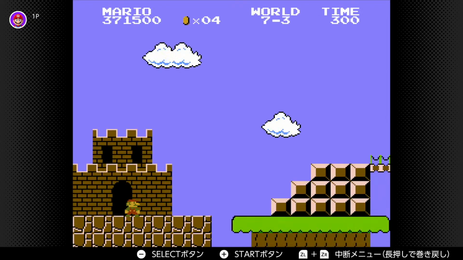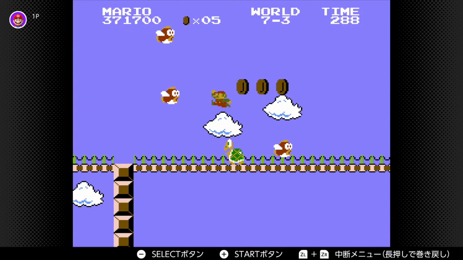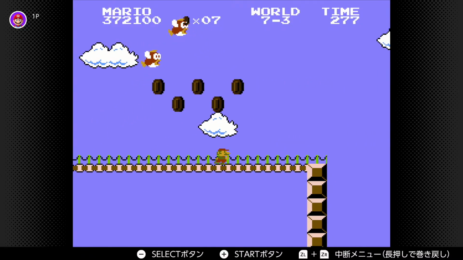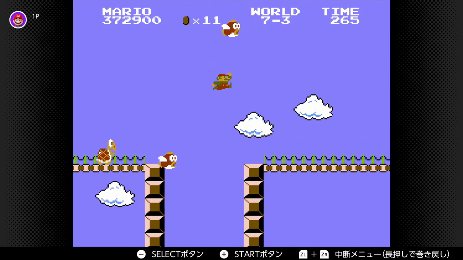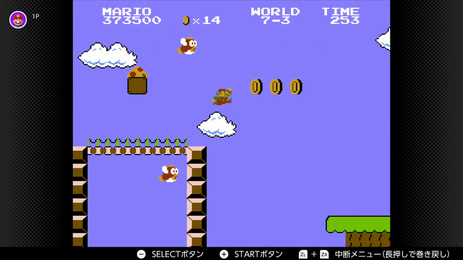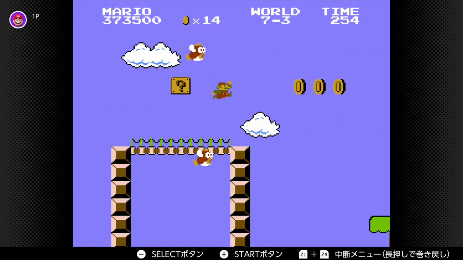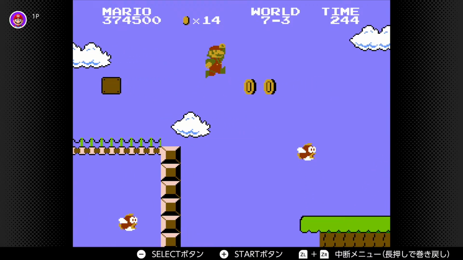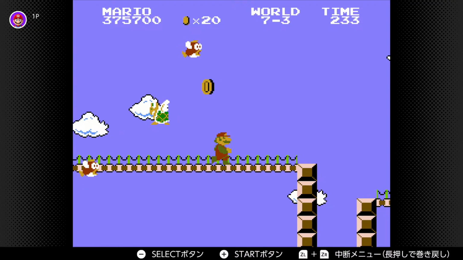Okay, world 7-3. The bridge is with all these chips and of course some Koopas, paratroopers, all the usual fun stuff. Oops. Pretty funny that what killed me wasn't an enemy, but me jumping into the pit.